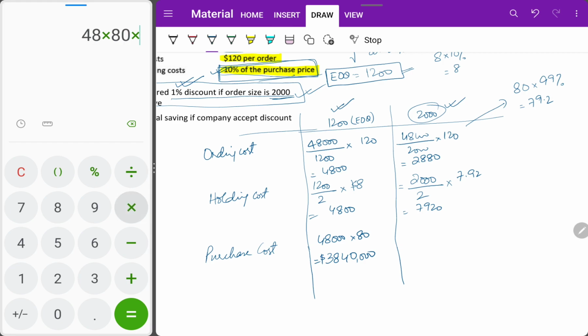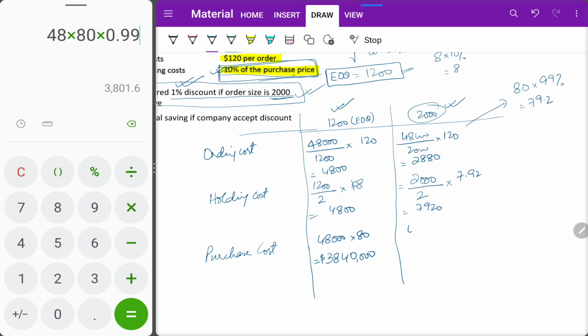And if you get the discount, you will get the same material at 99%. So that makes 48,000 times 79.2, it's 3,801,600, right?